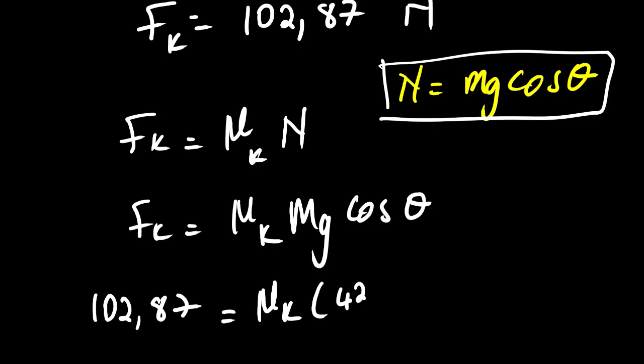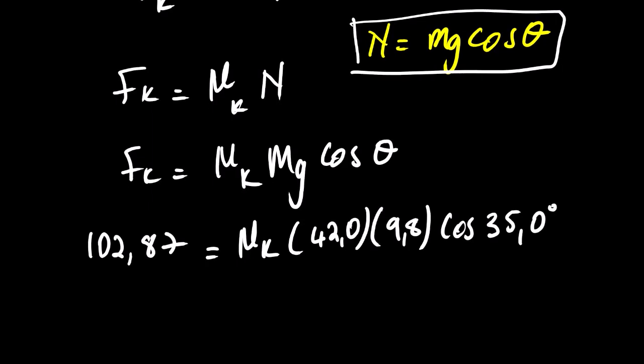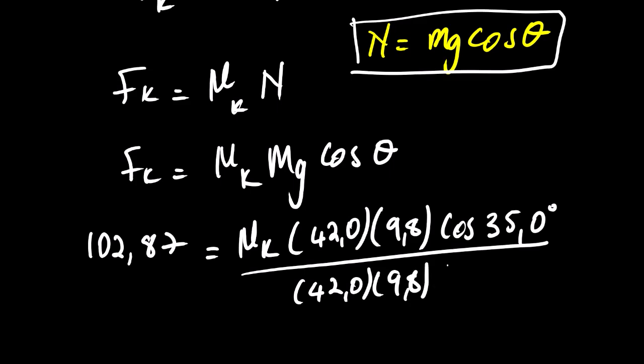The mass is 42.0, the gravitational acceleration is 9.8, and cos of the incline, 35.0 degrees. So we can divide both sides by 42.0, 9.8, cos 35.0.